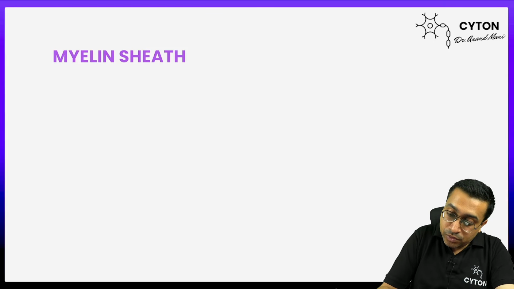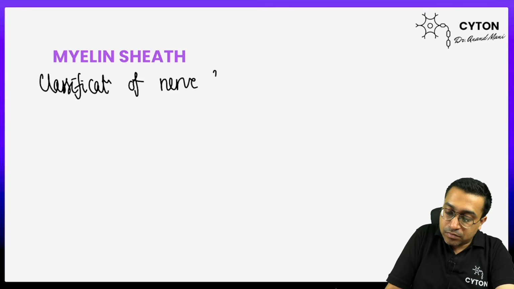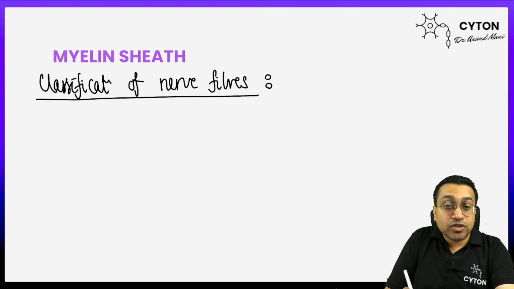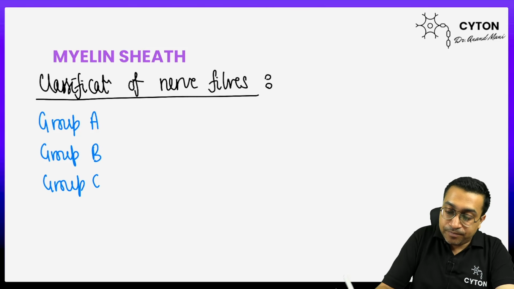So, classification of the nerve fibers. Based on the diameter of the nerve fibers, they can be grouped into 3 groups, that is group A, group B and group C. Group A is highly myelinated fibers.